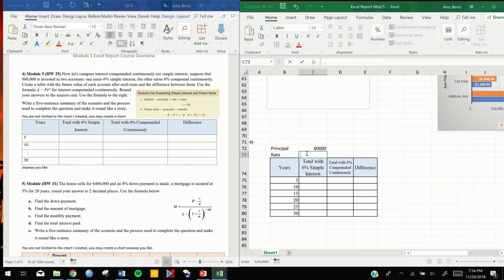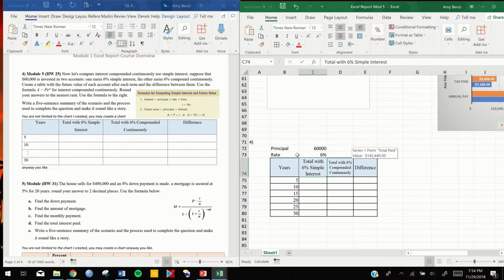And my rate in this case was 6%. And I'll go ahead and tell Excel I want this to be a percent in this cell. You have to be clicked on it just right. That's the hardest thing about using Excel: how do I click on it to make it work?